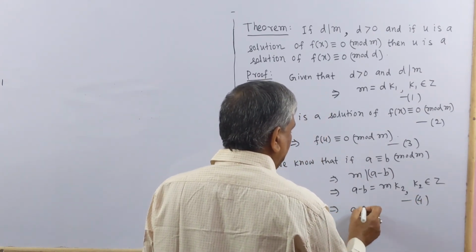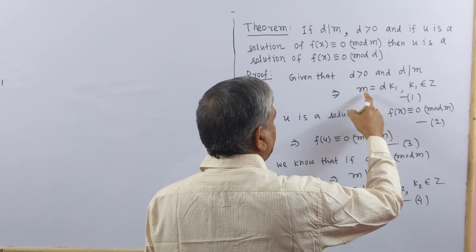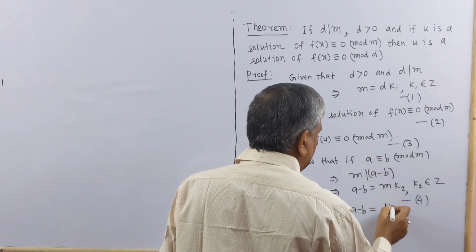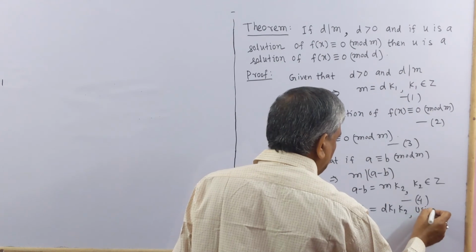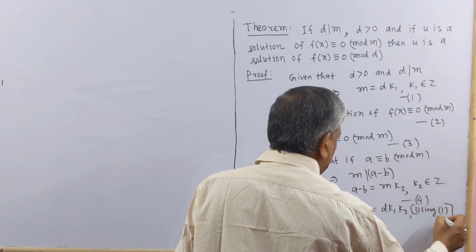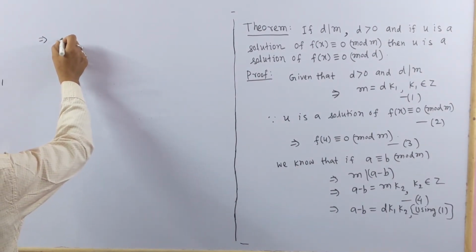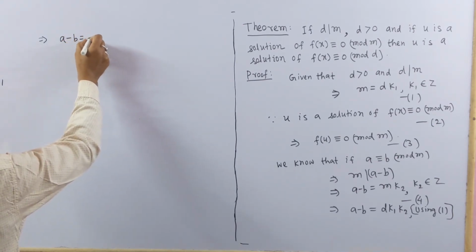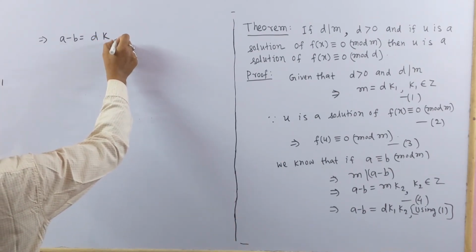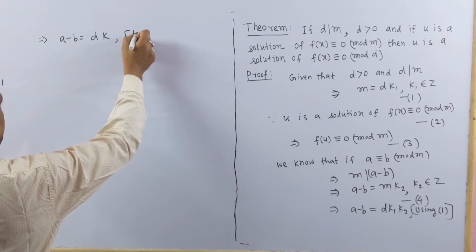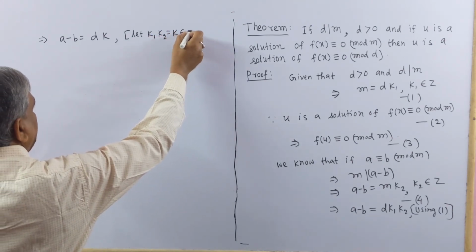This implies that a − b = m k₂, and here we use number 1, m = dk₁, so a − b = dk₁k₂. Let k₁ multiplied by k₂ equal k, an integer.